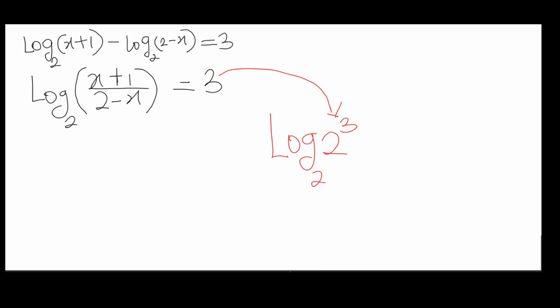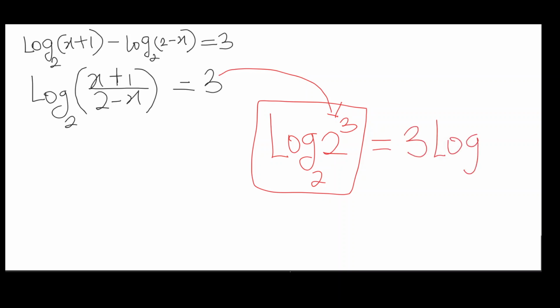You know, I can write this as 3 log base 2 of 2. That's one of the laws of logarithm. The argument still remains 2. And don't forget, when we have the same base and same argument for our log, it is 1.